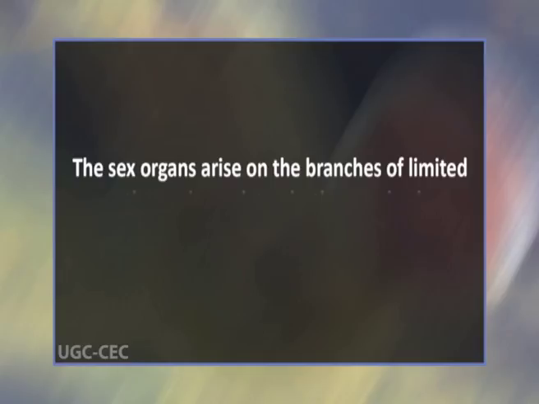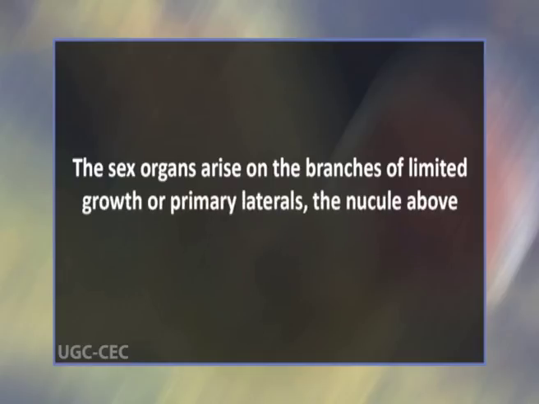The sex organs arise on the branches of limited growth or primary laterals, the nucule above the globule. The development of globule and nucule takes place simultaneously, but in some species, globule matures before nucule. Globule.